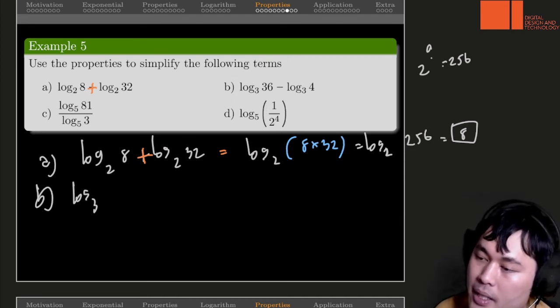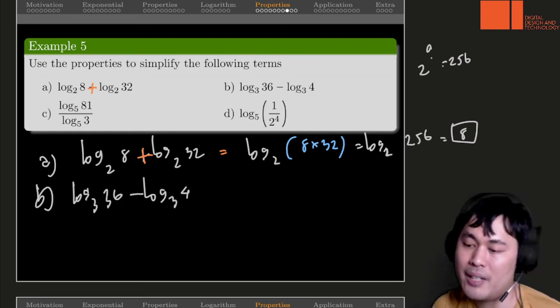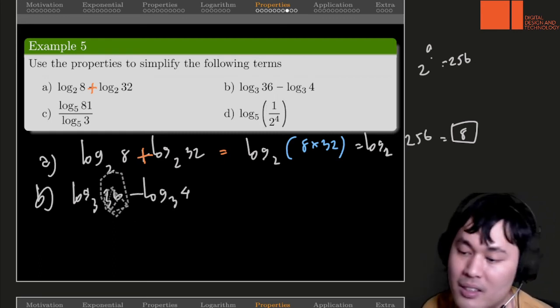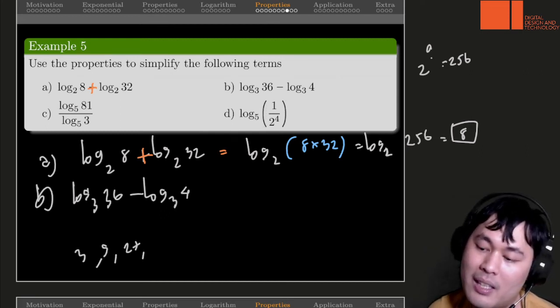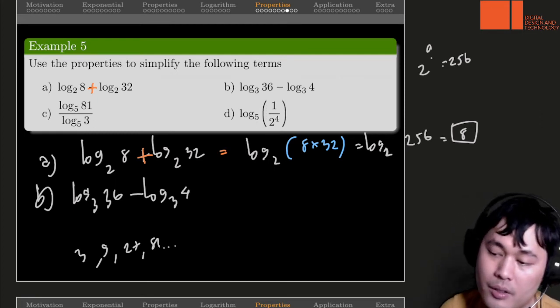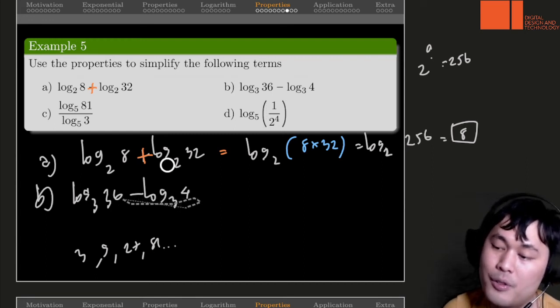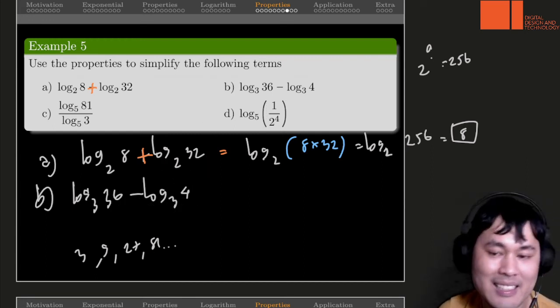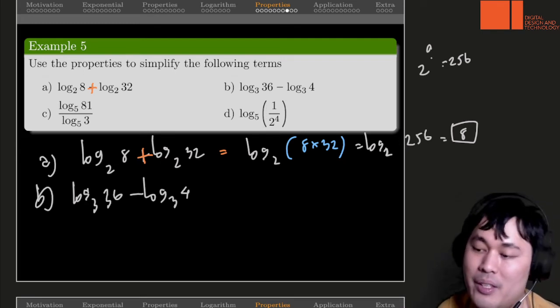Now for B, this might be a better example because we have log base 3 of a number that we don't recognize. 3 times 3 is 9, 9 times 3 is 27, 27 times 3 is 81. So if you are given these numbers, 36 and 4, the numbers are going to be ugly, with lots of decimals.